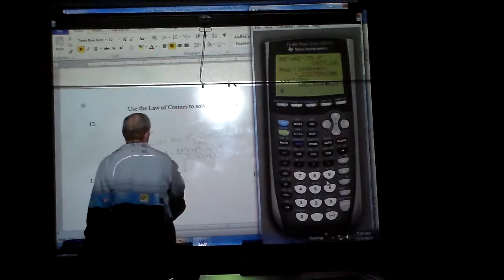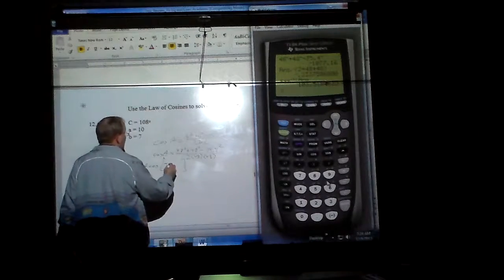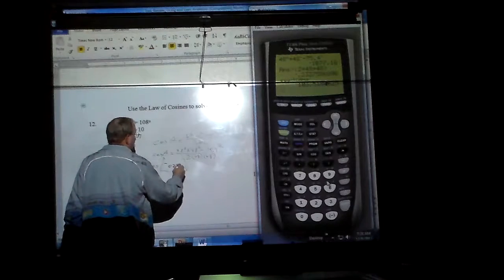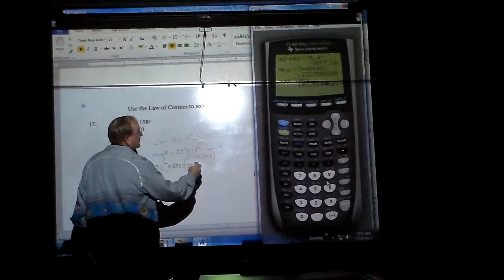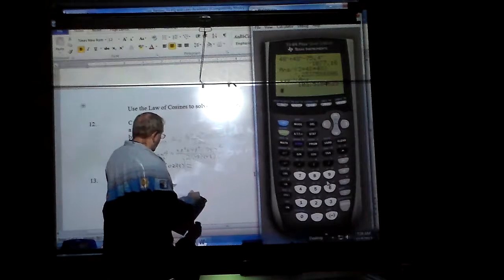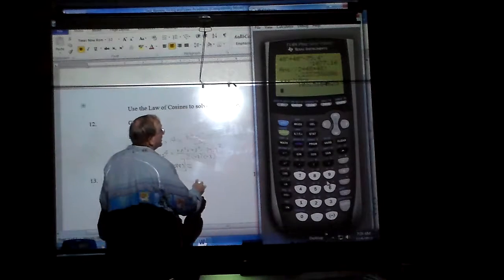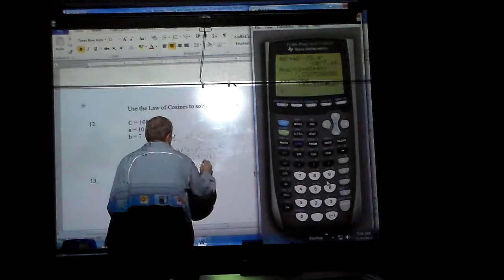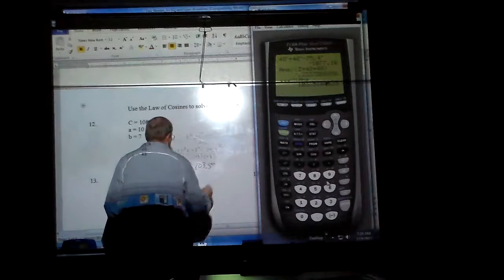Like I said, once we did all the math up here, it was basically the arc cosine of that negative 0.2337, which turned out to equal, I think I have 103.5 degrees. All right, now here's what's really cool.